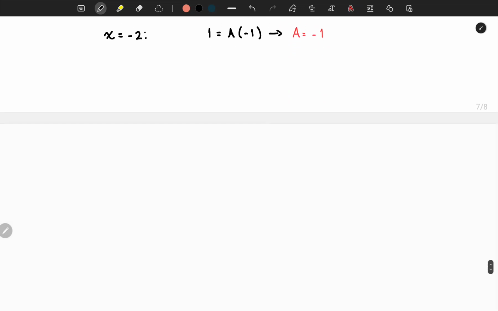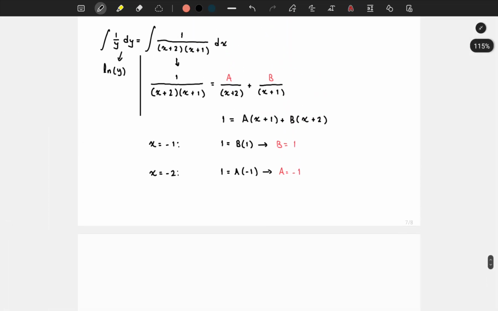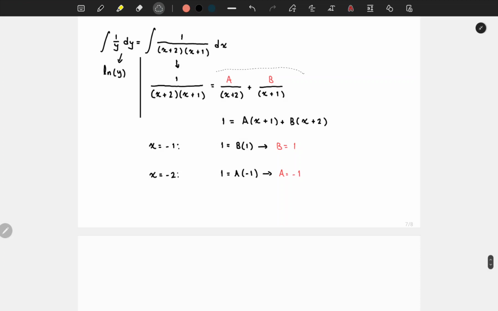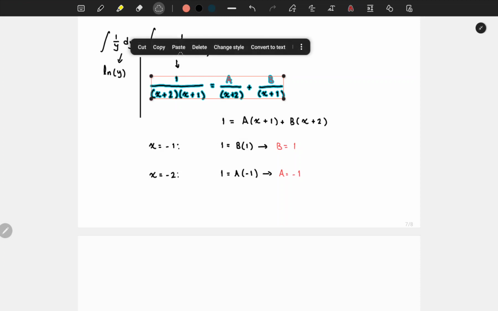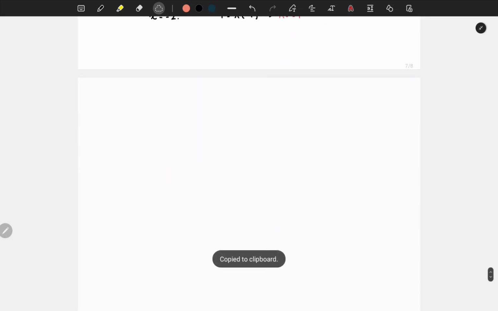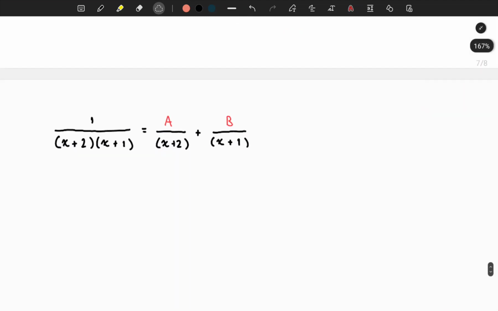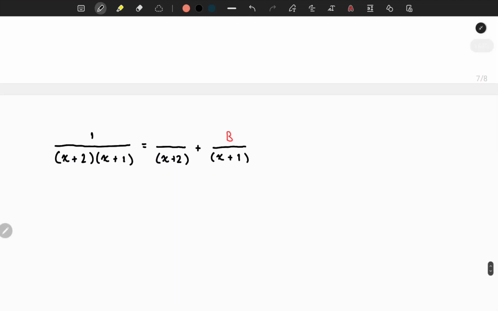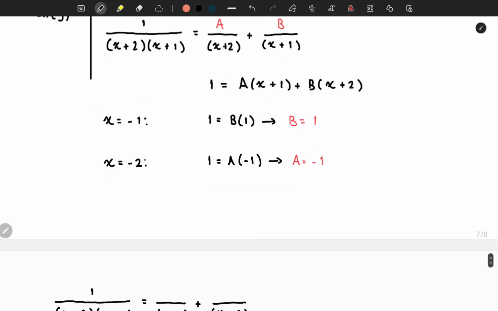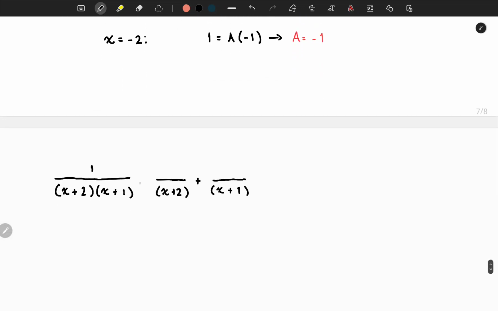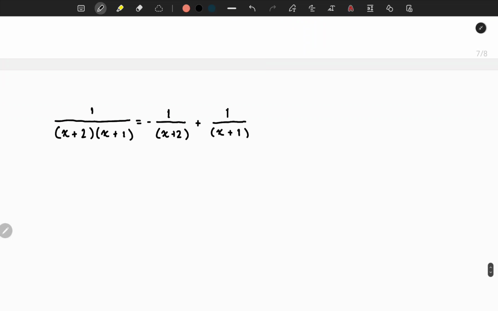So let's get a new page. Copy this down. And so this is going to be our A is -1, and B is 1. And so now we have to integrate this.